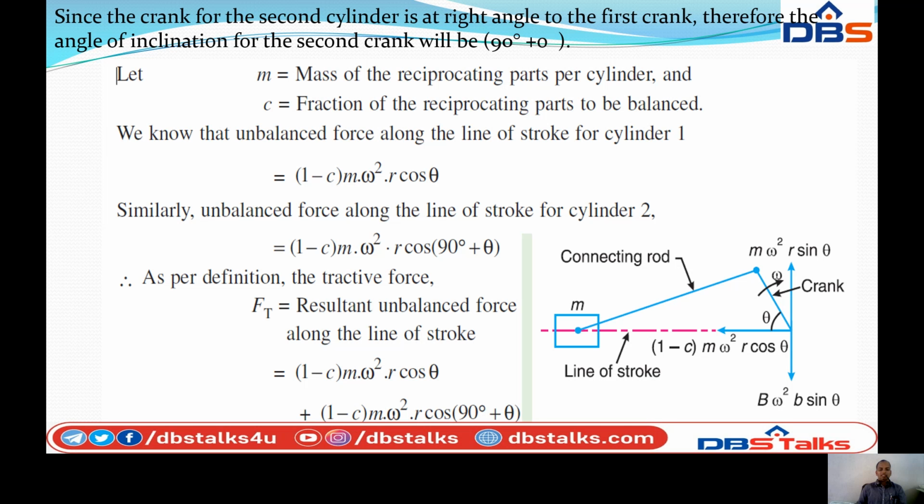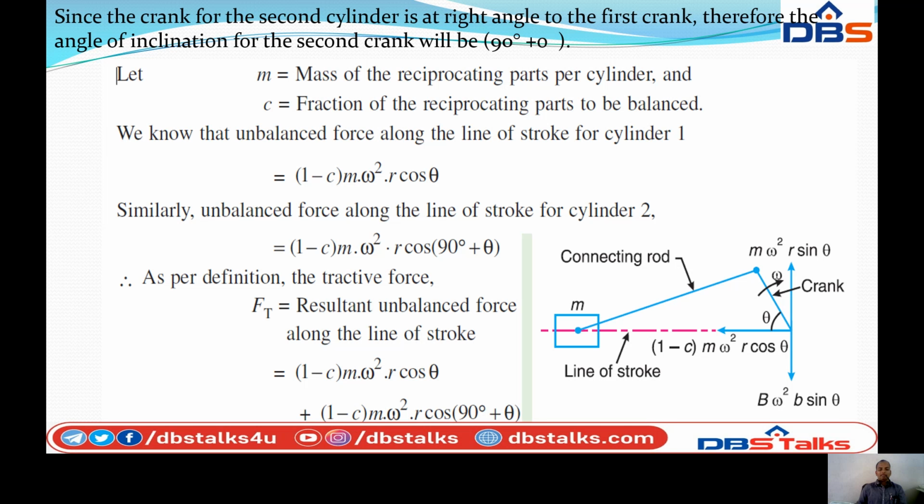As per the definition, the tractive force Ft is the resultant unbalanced force along the line of stroke, due to the two cylinders.